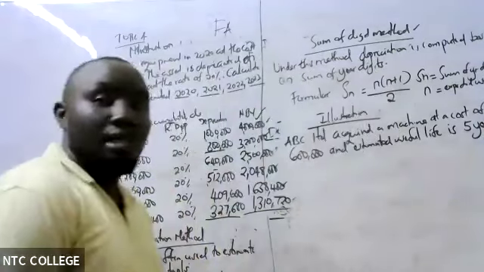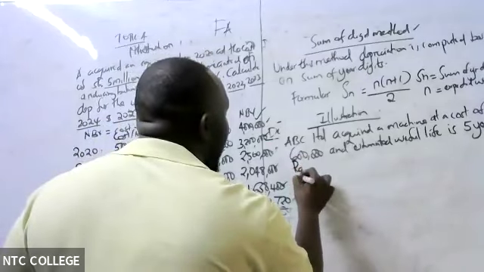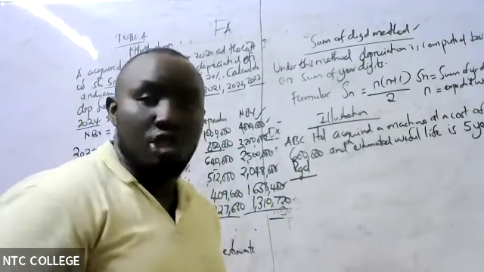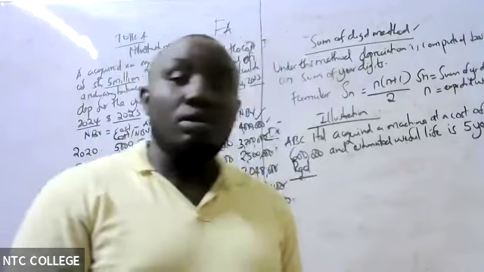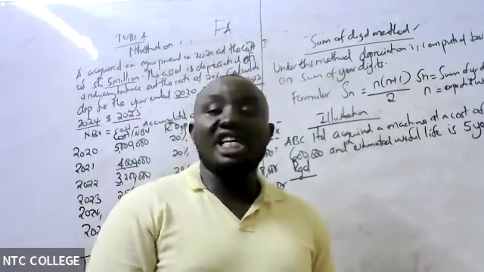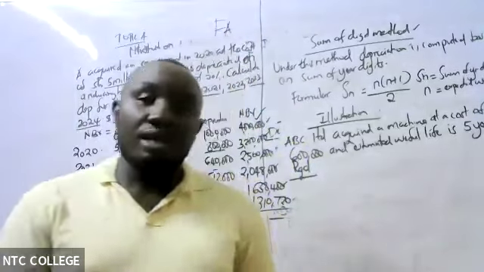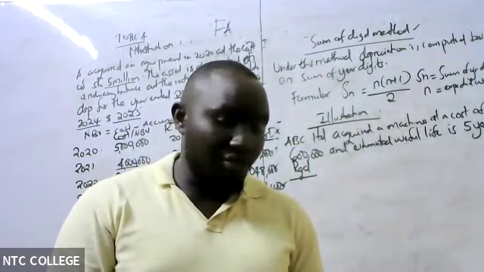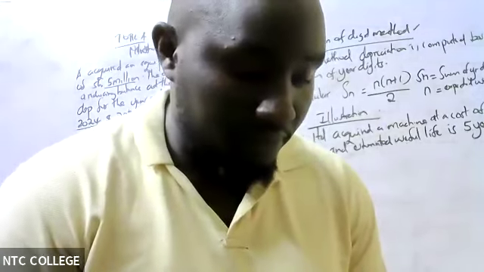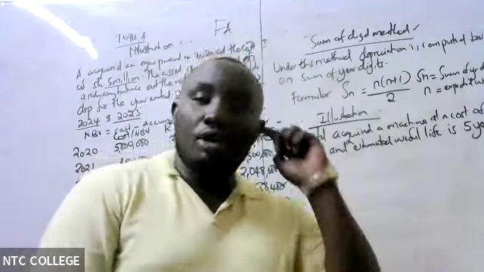Required: compute the annual depreciation of the machine over the entire useful life using the sum of year digit method. Are we together?